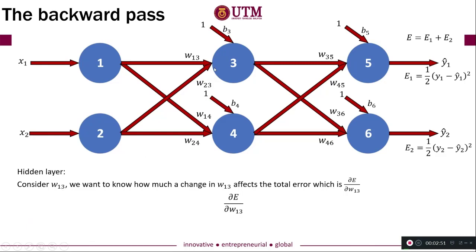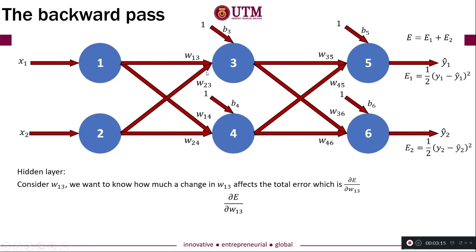Consider W13 first. Again, we want to find del E over del W13, which represents how much the change of W13 contributes to the total error. That's why we need to find the gradient of W13.